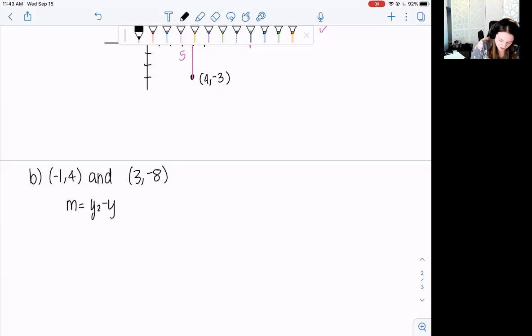So slope is y2 minus y1 over x2 minus x1. I'm going to do x1, y1, x2, y2. So this is -8 minus y1 is 4, all over x2 is 3 minus x1 is -1.